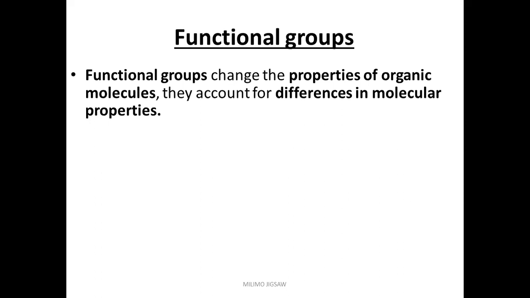Unique to biomolecules are functional groups. When we look at functional groups, they change the property of molecules. So they are going to account for differences in molecular properties. Remember, we looked at hydrocarbons.